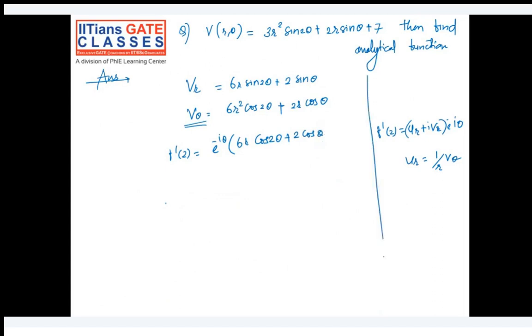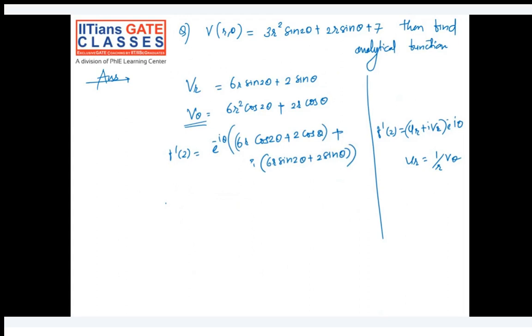Plus i times 6r sin 2 theta plus 2 sin theta. Okay, like this it will look. So this is how your f dash of z will look like.